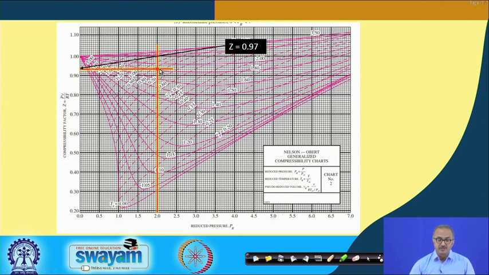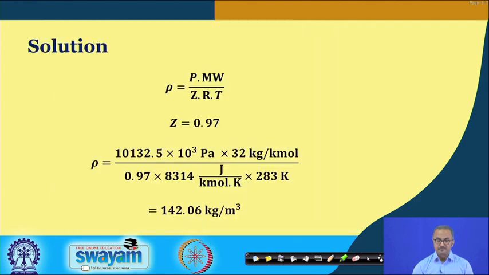Once you can interpolate, you can find the intersection of T_R and P_R, and from this point of intersection we simply go horizontally to the left hand side to locate the value of Z, which is coming out to 0.97. Now this 0.97 is very near to unity, which means that this gas is behaving almost like an ideal gas.